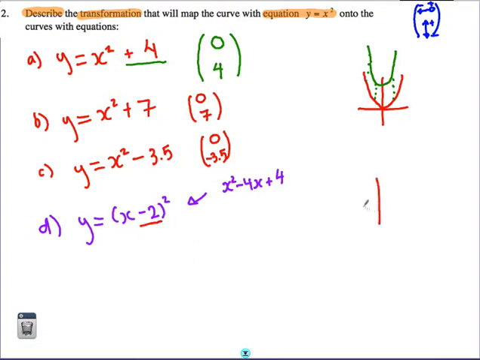And in this case, if this is our parabola, it would have moved to the right 2 spaces. So this would be our new parabola, and its minimum here would be at 2. So it's moved to the right 2 spaces. It hasn't moved up or down, so (2, 0) would be the vector.